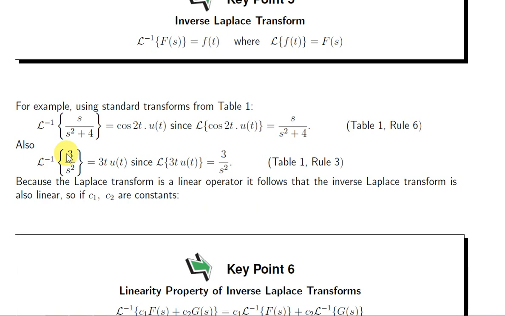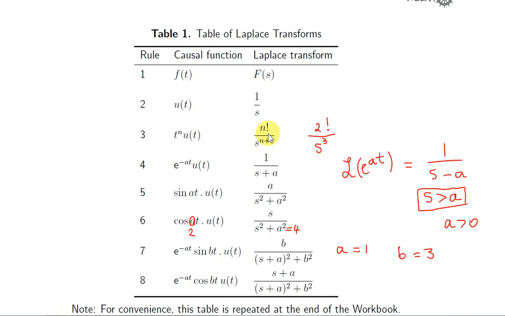Here's another example, L inverse of 3 over s squared. Now we can actually take the 3 outside. Turns out that L inverse is linear. 3 is just a constant multiple of 1 over s squared. So we need to look up something in the table of the form 1 over s squared. We actually go to this line here in the table, and to get s squared in the denominator we need n to equal 1.